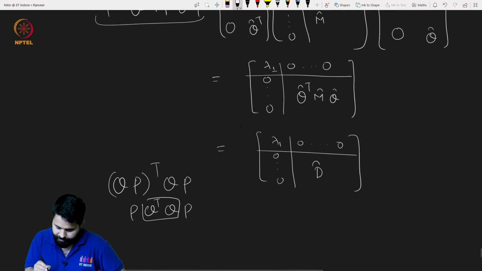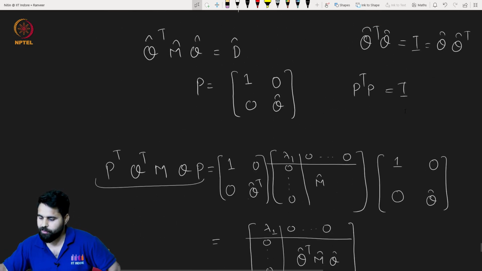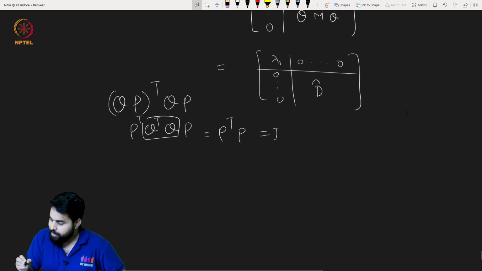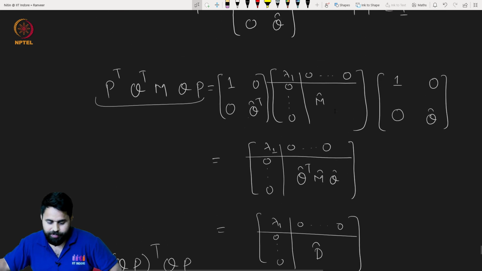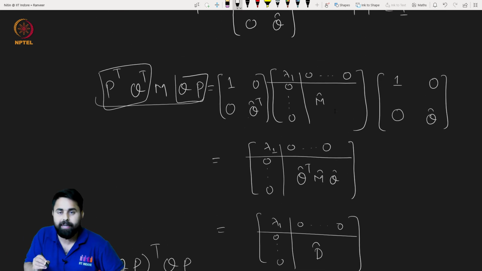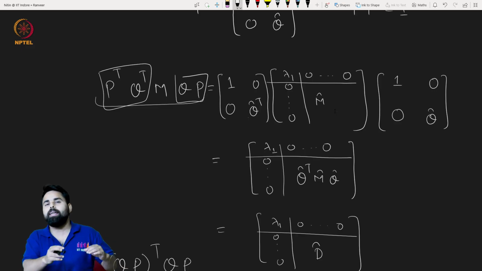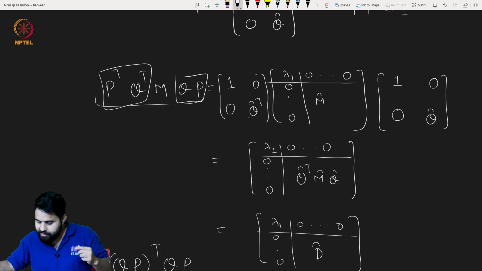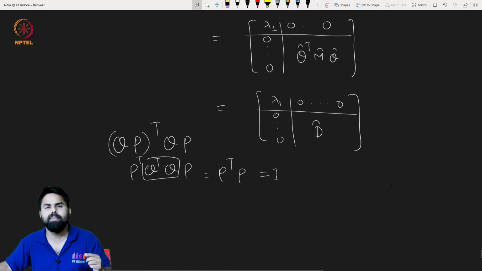And then this will be equal to P transpose P, and P transpose P is also the identity matrix. So yes, indeed, we have found an orthogonal matrix such that if you multiply the transpose on the left and this matrix on the right with that symmetric matrix, it gives you a diagonal matrix, okay?